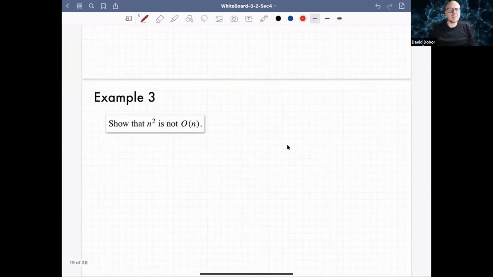Why is n squared not big O of n? We did this; we're kind of repeating it, but let's give a two or three sentence argument.